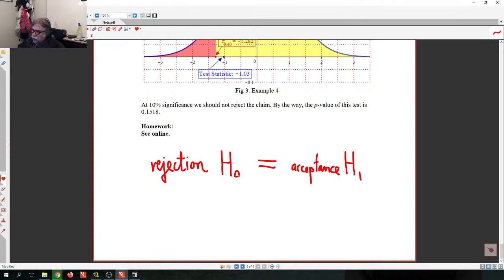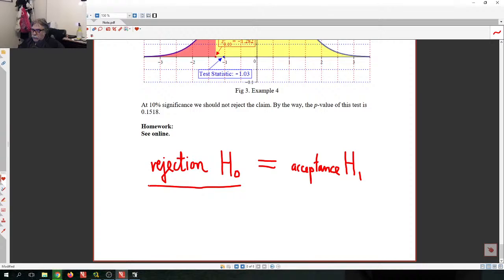So rejection of a null hypothesis means acceptance of alternative. So the presumed innocence, the truth of a null hypothesis, if you're rejecting that, then you have a conviction, which means the alternative hypothesis charge is true. The person charged with crime is convicted. Okay? So again, keep that in mind, because it's never about acceptance of a null hypothesis.